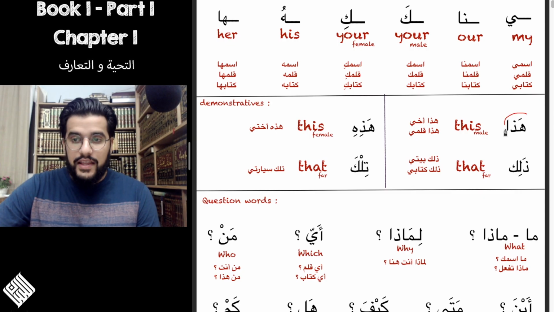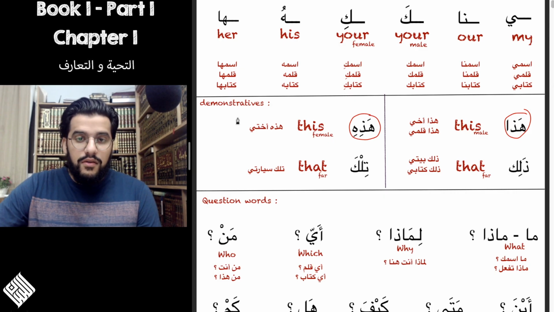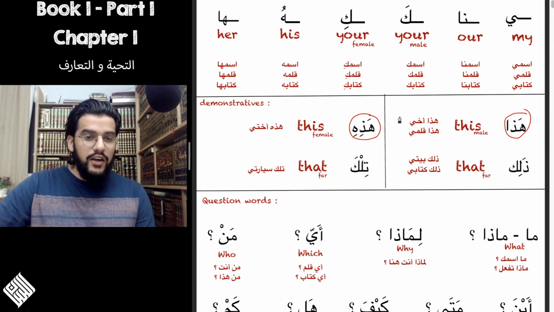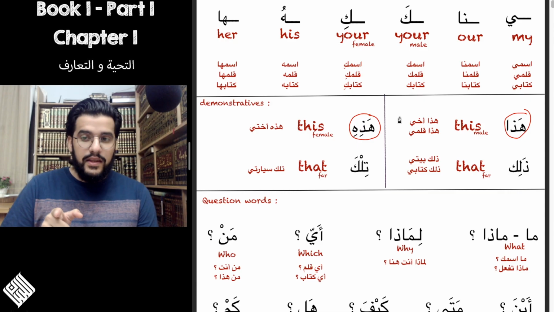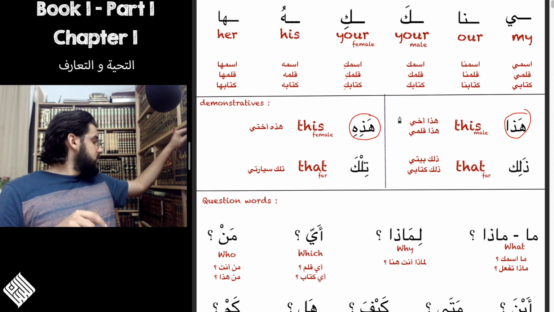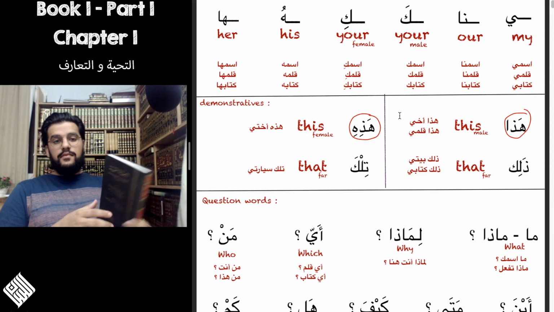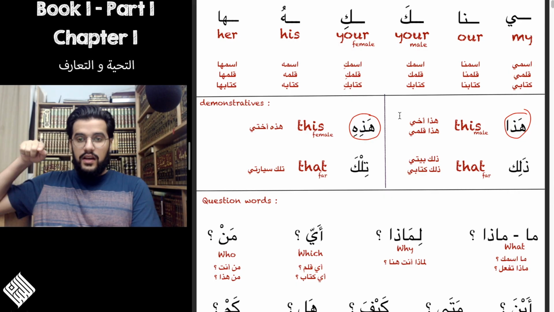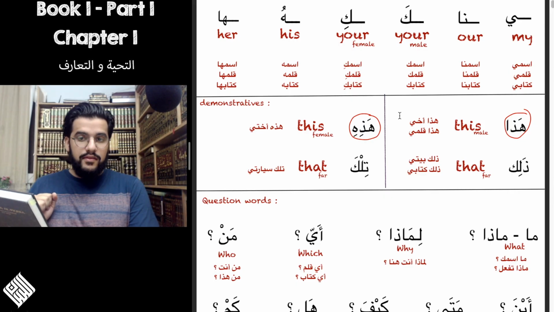Alright, and just shortly we discussed هذا, which means this, and هذه, which also means this but for female. However, these two words are used to point at or refer to something that's relatively closer, right? So if I have a book next to me right here, I say هذا كتاب, okay?